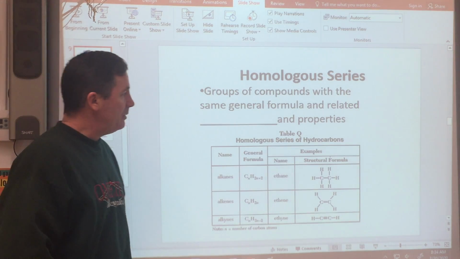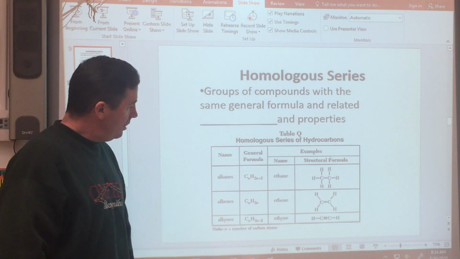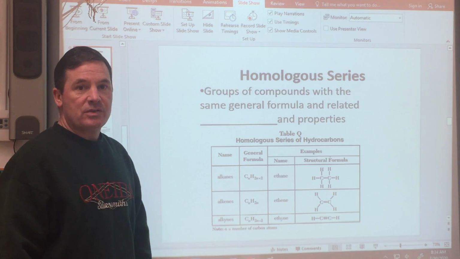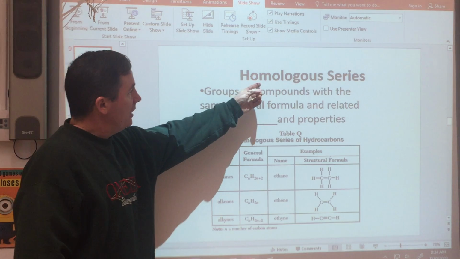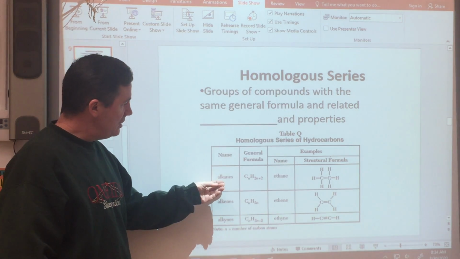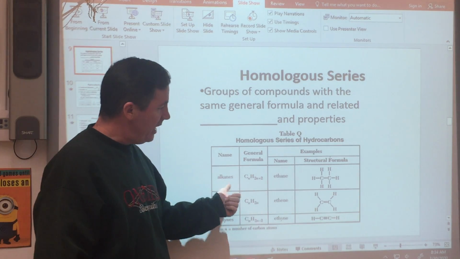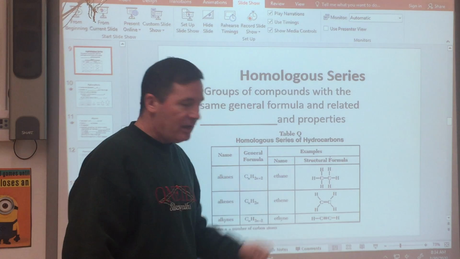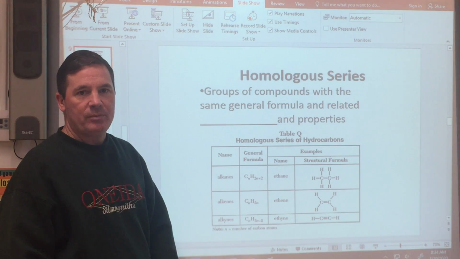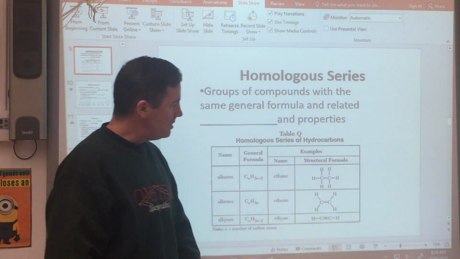Just as a recap. Alkanes are one of the series of the homologous series. And again, homologous means same position. So essentially these things are the same in that if you have an alkane, you have only single bonds between carbons. So this is what we're going to be learning about today, how to name these.